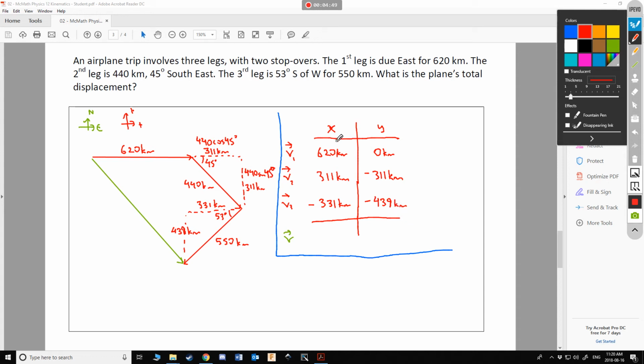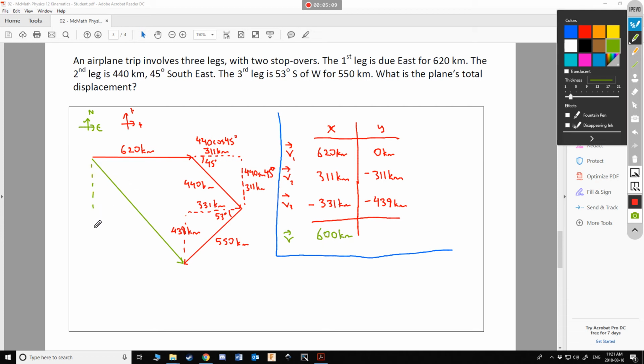Now we can very easily see in the x direction, we first went 620 right, then 311 right, then we went back 331. So 620 plus 311 minus 331, we get an x value of 600 kilometers.